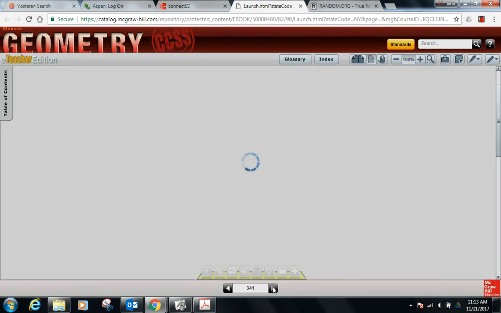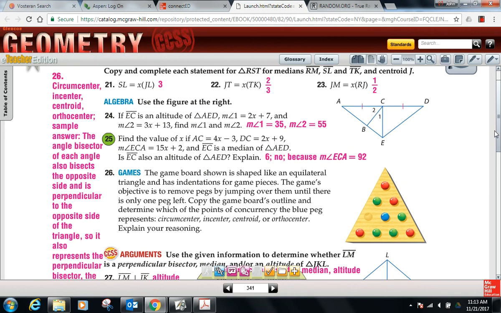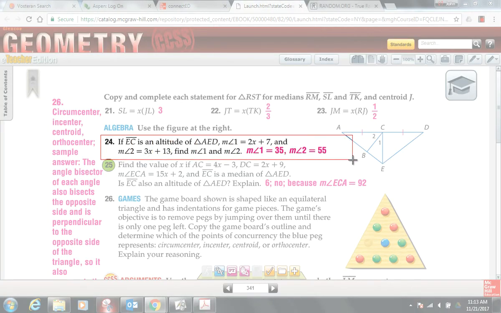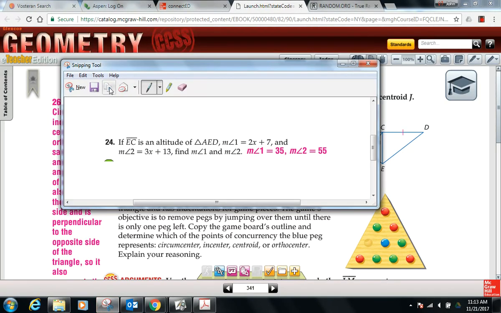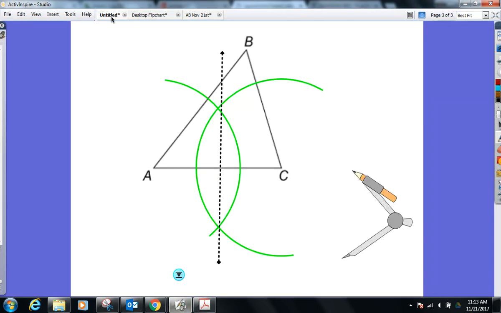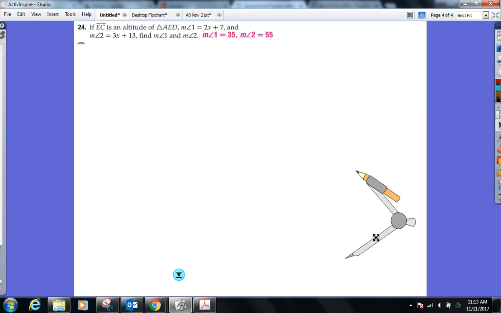24, everyone. Let's see what we're asking for with 24. EC is, okay, I've got to copy this and I need the diagram.